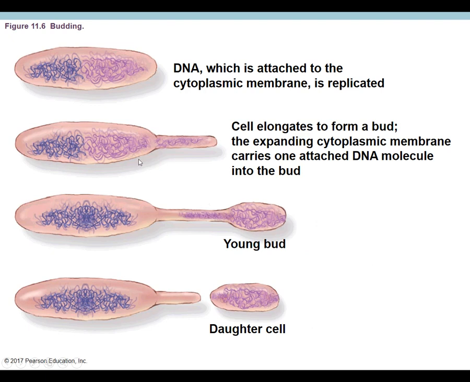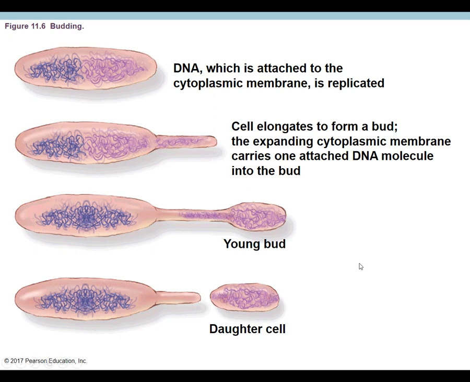Budding also gives you two daughter cells, which are genetically the same, but in budding you clearly have an asymmetrical division of the cytoplasm. An extension of the cell stretches out, one copy of the chromosome moves into it, and then it separates, and you clearly have a small daughter cell and a larger daughter cell.